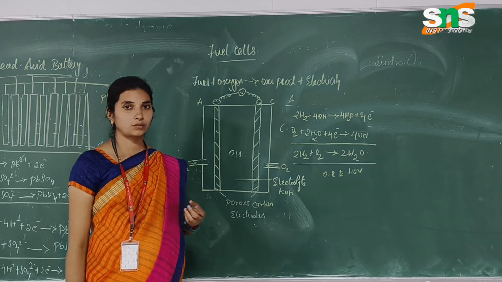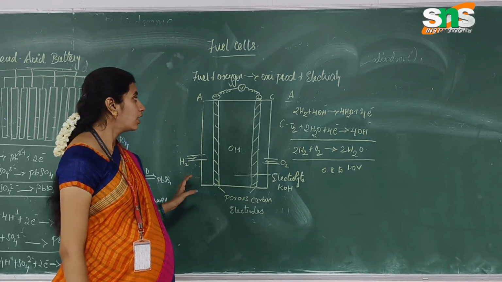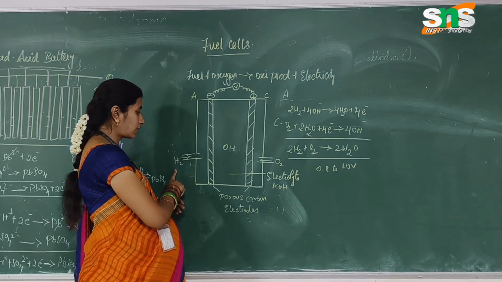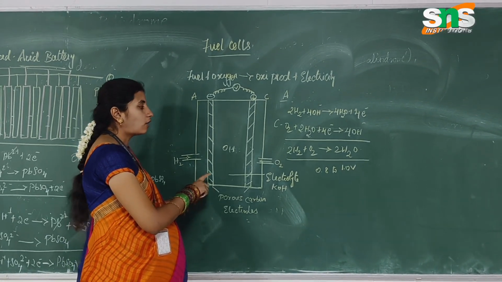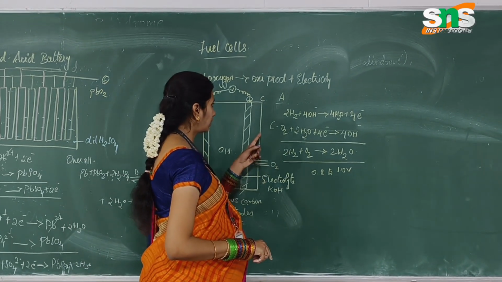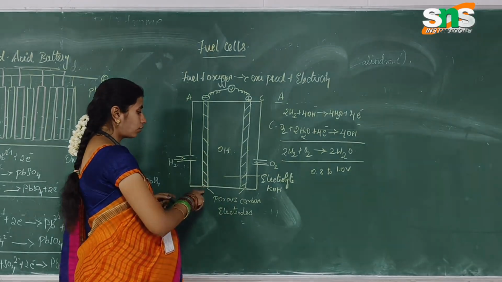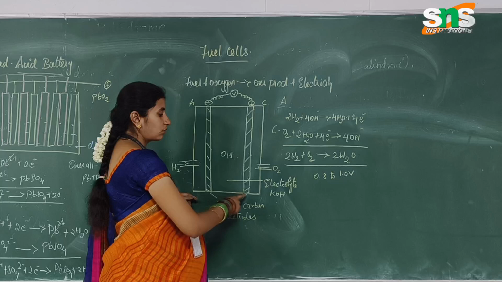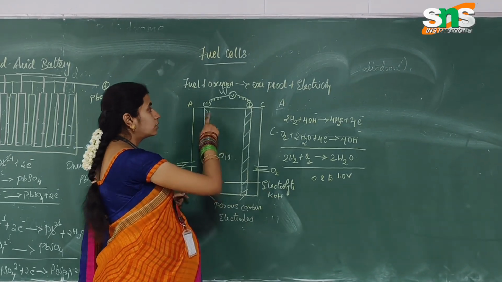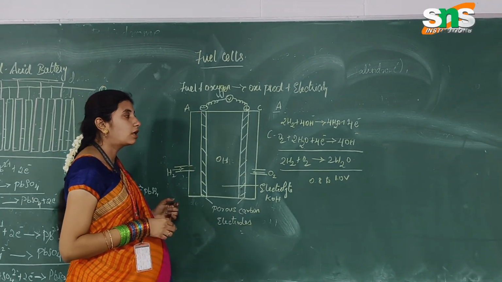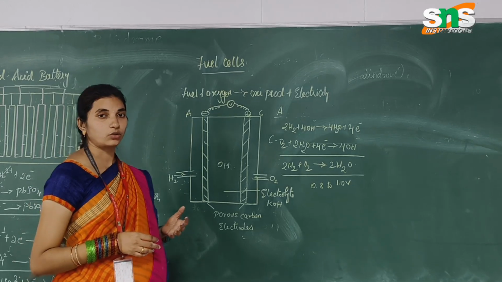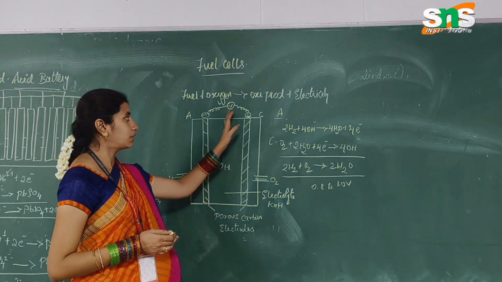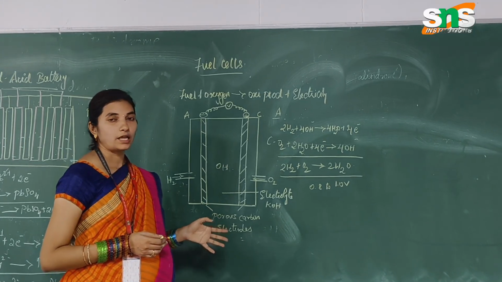The construction of this fuel cell consists of hydrogen at the anode and oxygen at the cathode, with porous electrodes connected to a voltmeter, and an electrolyte consisting of potassium hydroxide. The anode, cathode, and electrolyte are combined with the voltmeter to produce electric current.